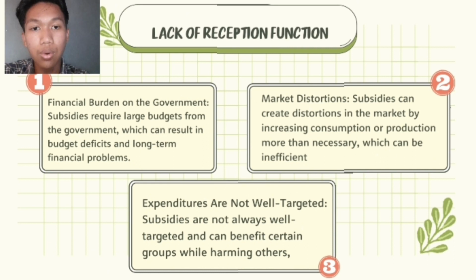Number 2, subsidies can create distortion in the market by increasing consumption and production, and expenditure is not well targeted. Subsidies are not always targeted and can benefit the wrong groups.